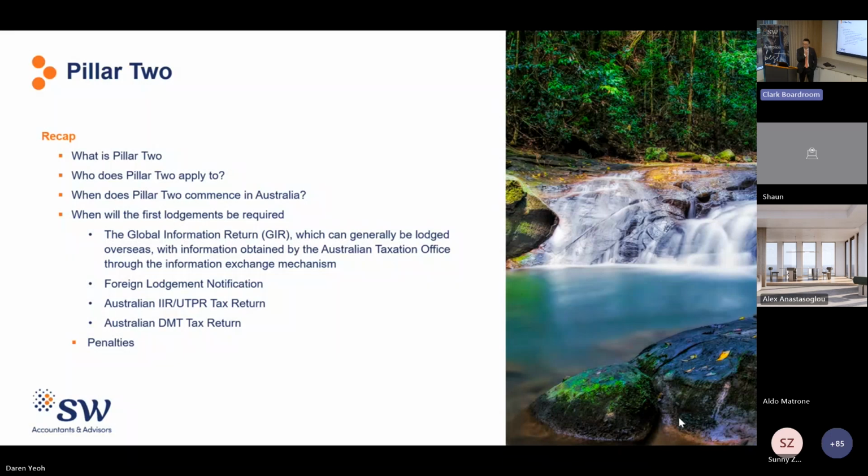So somebody needs to lodge the GIR, and we have seen cases where Australia has been requested to lodge on behalf of the group. The GIR can be lodged in any country, and the ATO would access the global information return through the information exchange mechanism. You're familiar with this if you're performing CBC reporting.